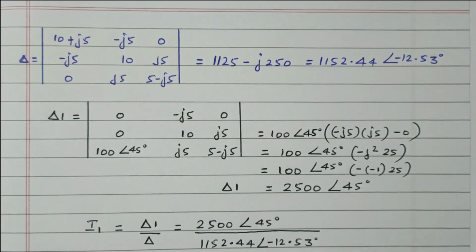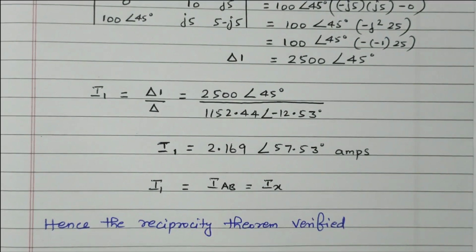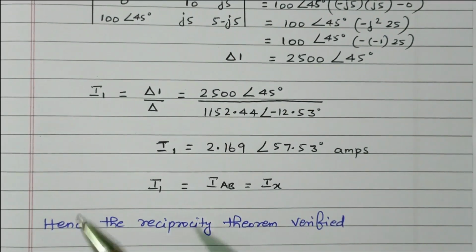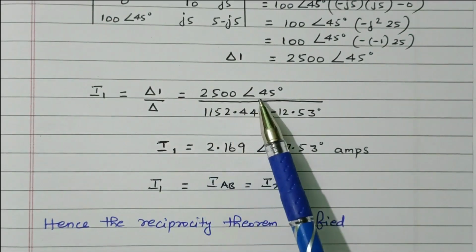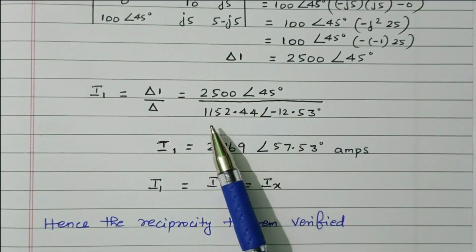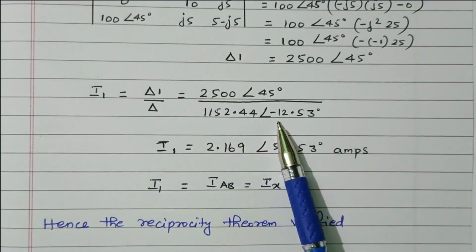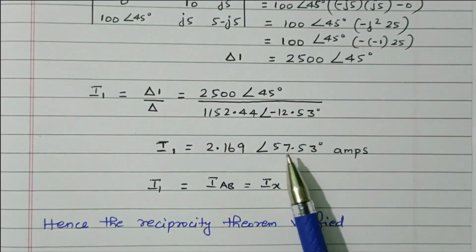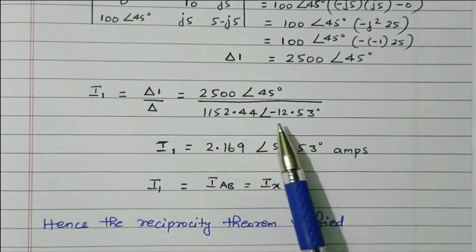Now we will find the I1 current. That should be equal to the current we calculated in step 1. So delta 1 divided by delta: 2500 with an angle of 45 degrees divided by 1152.44 with an angle of minus 12.53. See, both are available in polar form, magnitude and angle.